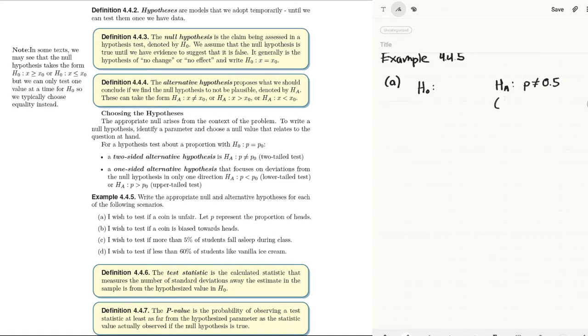This is the statement where the coin is unfair. Now, the null hypothesis is where the coin is fair. So it is the opposite claim to the alternative, which would mean that P is equal to 0.5.